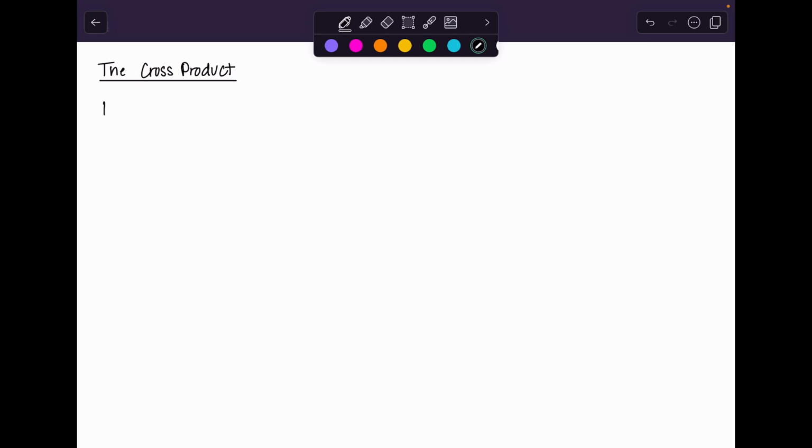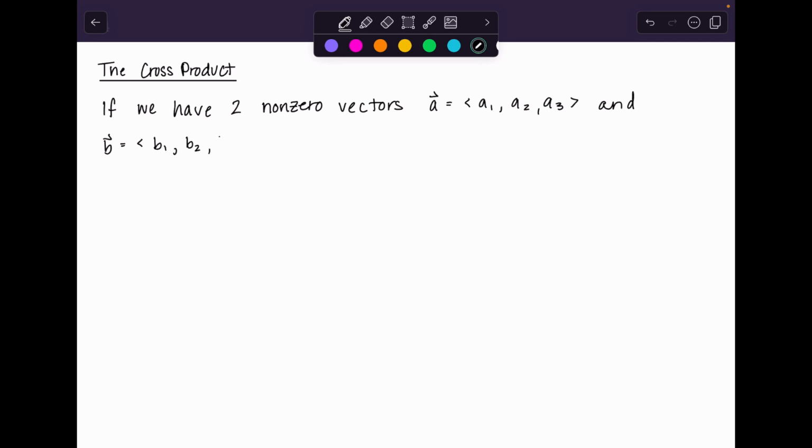So if we have two non-zero vectors, let's say A, which has components A1, A2, A3, and then we have vector B, which has components B1, B2, B3.